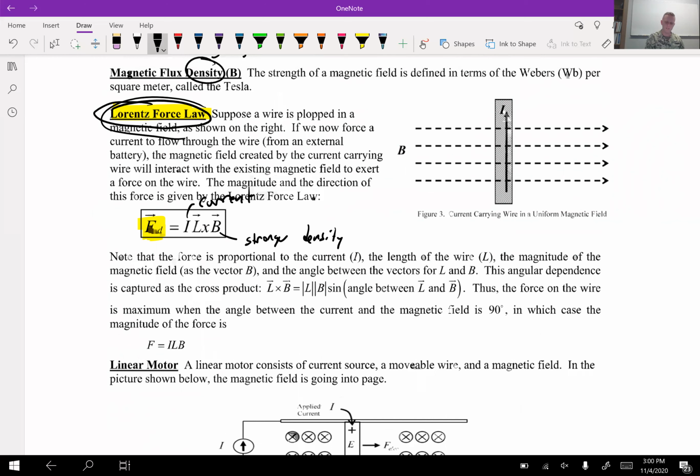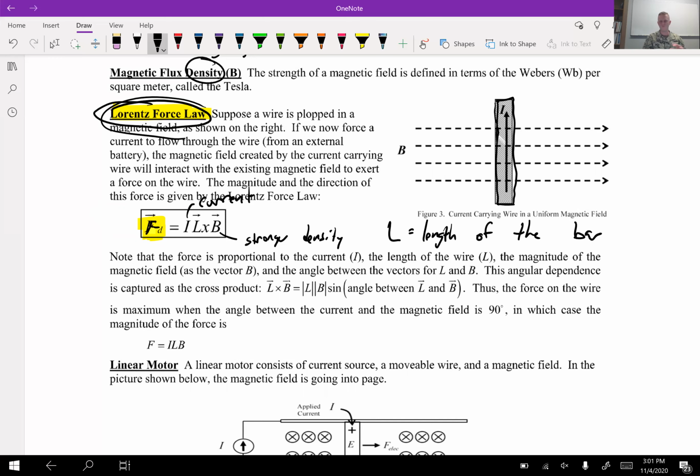If I place this bar, which can carry current, on top so it forms an electrical connection, it will move. That's what happens here: we get a Lorentz force. L equals the length of the bar, and that bar is carrying the current.